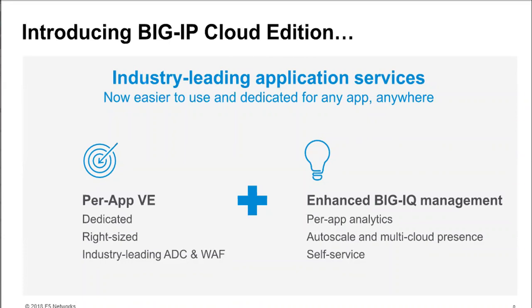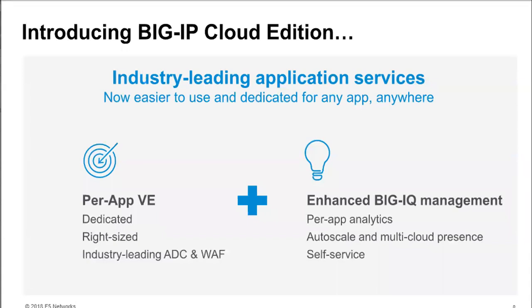So per app VE is mainly for a dedicated app for an organization, which comes with both LTM, which is local traffic manager, and WAF, that's web application firewalling. Those are the two things in combination in this for maximum security of that specific app.